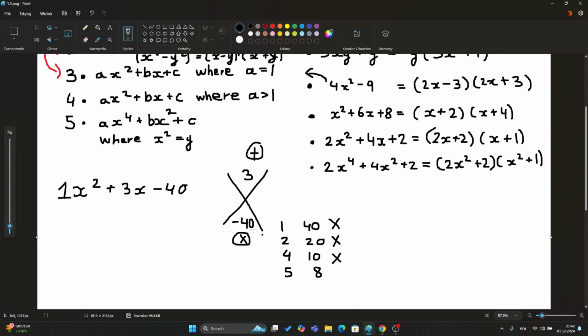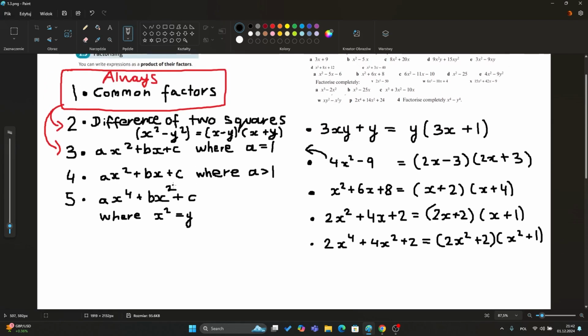It will be 5 and 8, because to get minus 40 multiplied and 3 added, I would have to do 8 minus 5. Because 8 minus 5 is 3, and 8 times minus 5 is minus 40. Therefore, this will be x plus 8 and x minus 5. Factorized. We look at two more examples before we go into where a is greater than 1.